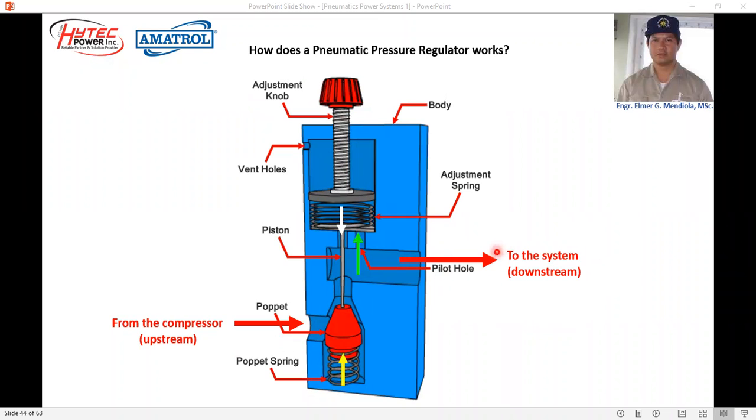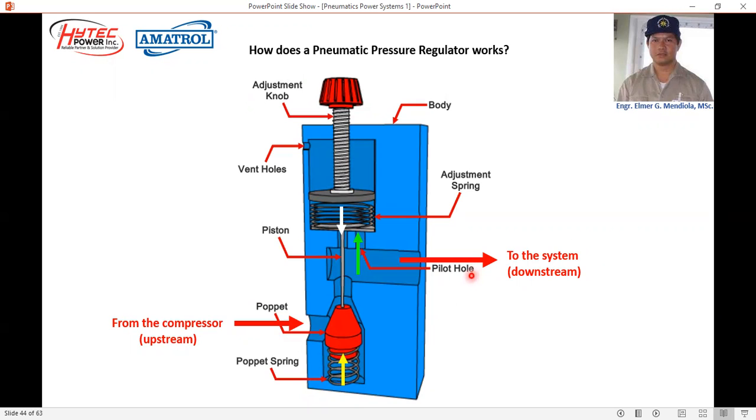So what will happen if the flow of air downstream is blocked? Let's presume that a valve somewhere here is closed. So the air from the part where it is blocked, through the upstream compressor side, will now become static, not flowing or steady.